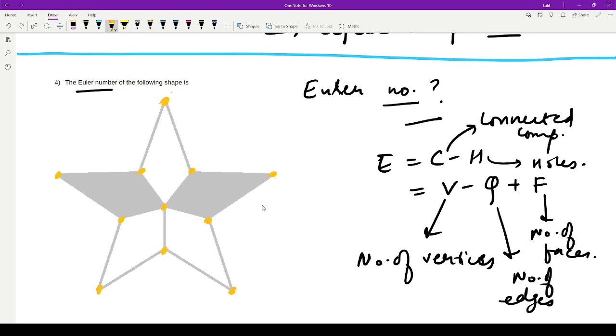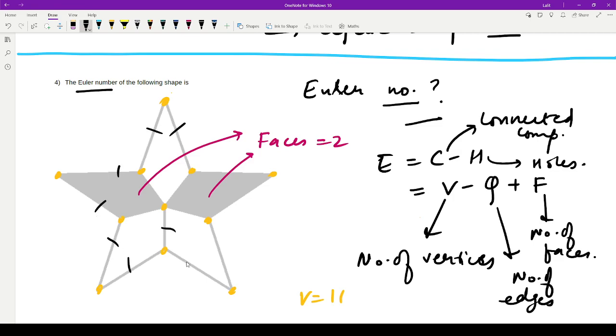11 vertices. And how many edges do you have? 11, 13, 14, 15. So the number of edges is 15.